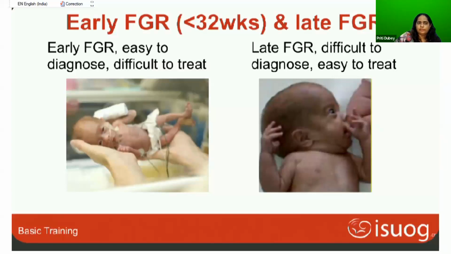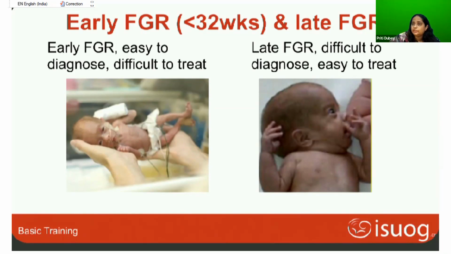As I have told, early FGR is very easy to diagnose because the parameters are LGA, SGA, and they are very difficult to treat. And late FGR babies are very difficult to diagnose as they are appropriate for gestational age, and they are the ones which go for maximum complications.